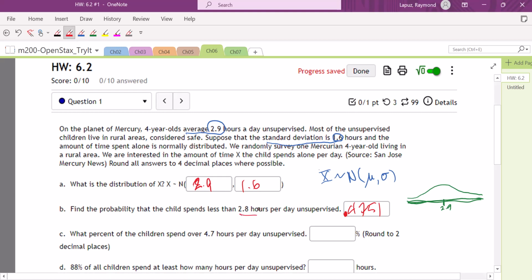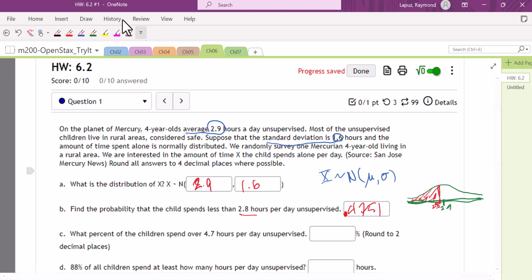So this is less than 2.8, so 2.8 is somewhere over here. This would be a good idea just to get a quick visual of this and say 2.8 is fairly close to 2.9, but it's not exactly 2.9, and we're shading the left side. So we're looking at something that's almost 50%, almost 0.5, and it's a little bit short of that, and our answer of 0.4751 kind of confirms that.